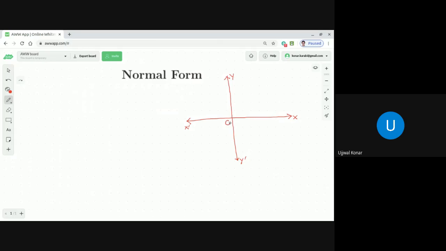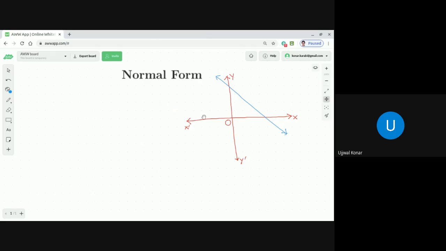Now in the normal form, suppose I have a straight line something like this. There are two pieces of information given for this straight line. The first is that the length of the perpendicular from the origin to the straight line is given, that is p.